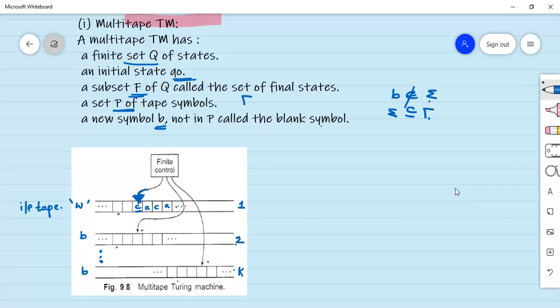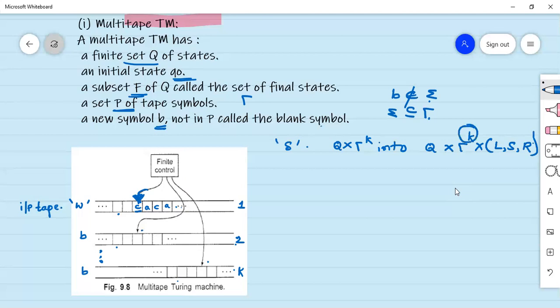Okay, and we can also define delta. What is delta? Delta is a partial transition function, right? So this transition function, I can say that it will map into this. So what is the meaning of this? It's the same definition which we have used for all other things also.